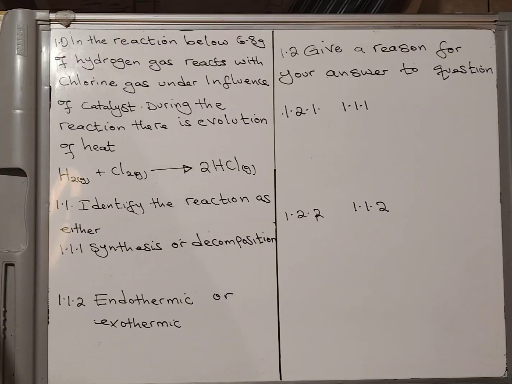Yes, okay, let us look at this question today. Okay, we are having a question here. The statement reads that in the reaction below, 6.8 grams of hydrogen gas reacts with chlorine gas under the influence of catalyst.